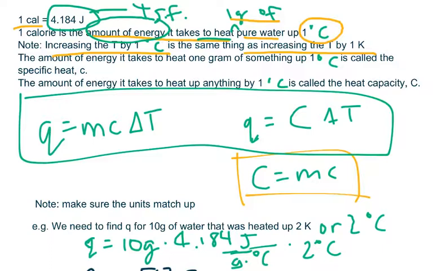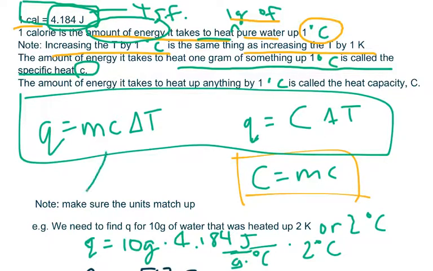Alright, so now let's move on to a related topic. The amount of energy it takes to heat 1 gram of anything up by 1 degree Celsius is called the specific heat, denoted by lowercase c. So by definition, this must mean that the specific heat for pure water must be 1 calorie, or 4.184 joules, and we'll get into the units for specific heat later, but I wanted to point out this special equation over here, Q equals mcΔT.